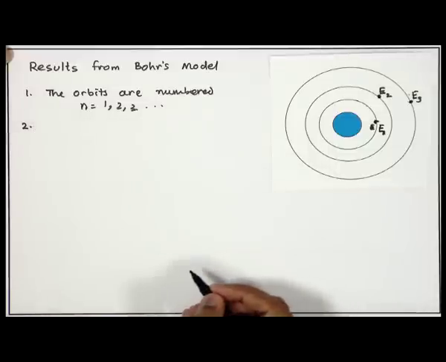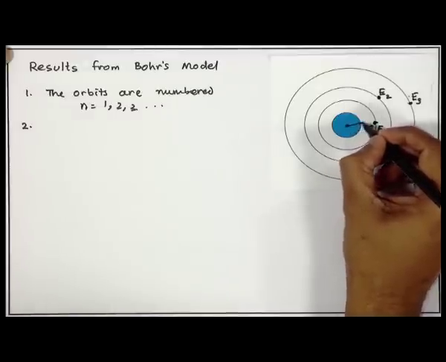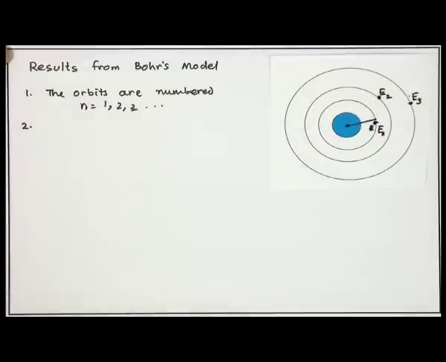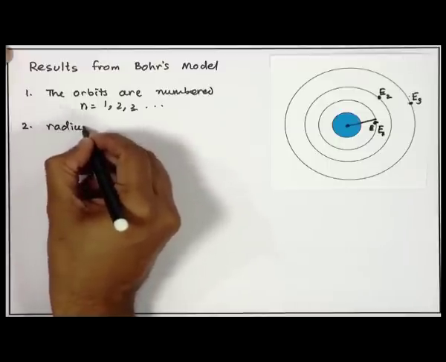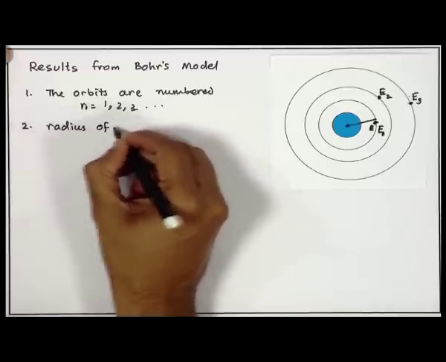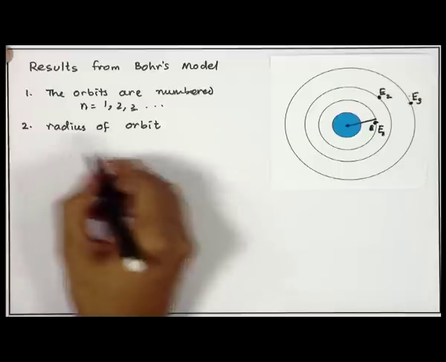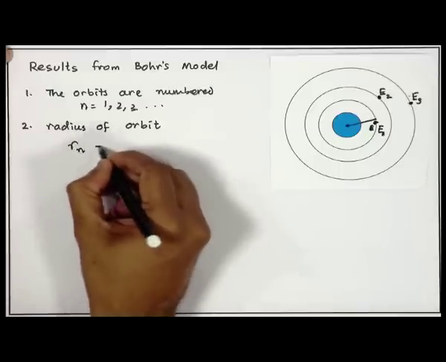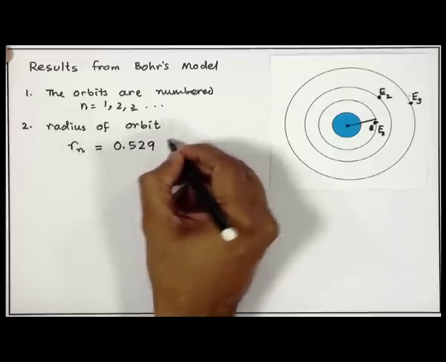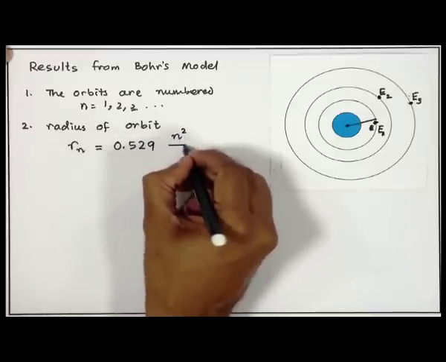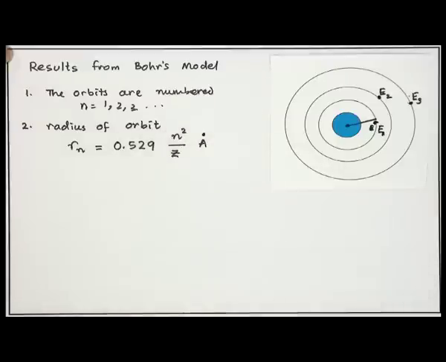Using Bohr's atomic model, Bohr could find out the radius of any orbit. The expression that he got for the radius of any orbit, given by r_n, was 0.529 multiplied by n squared divided by Z, in the unit of angstrom.